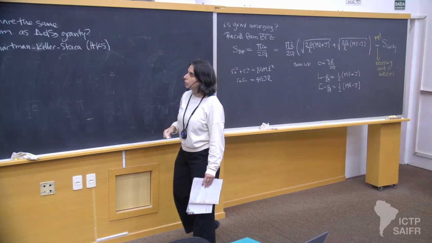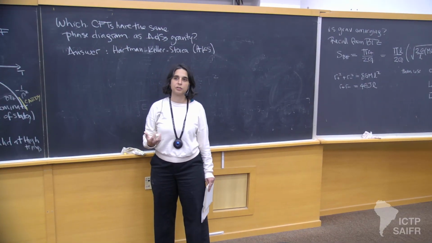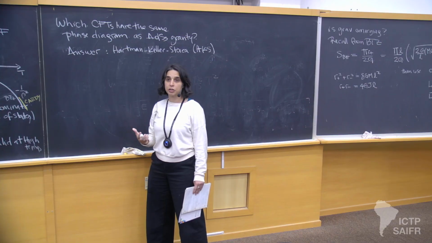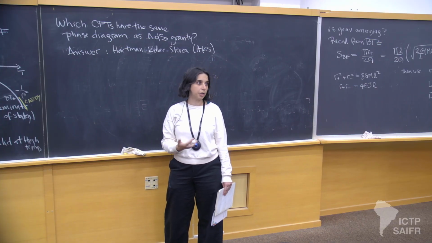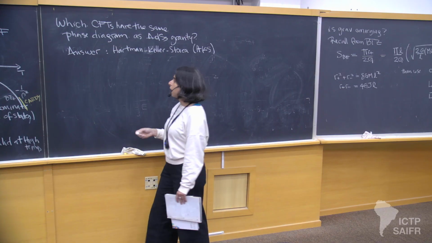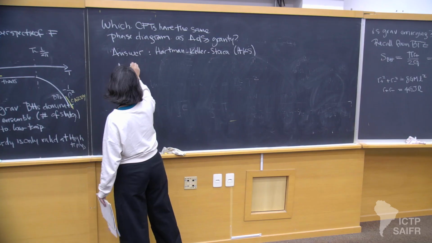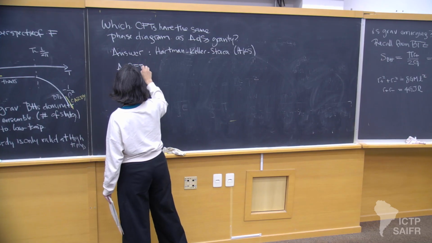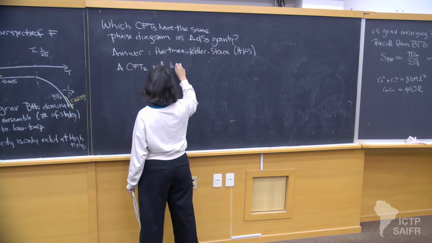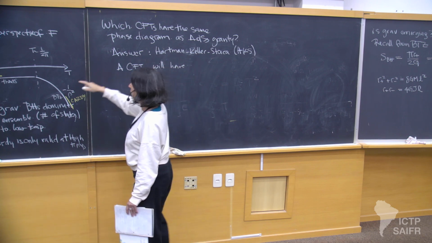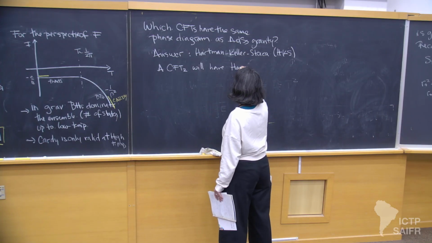They gave criteria on what classes of CFTs, a necessary condition, such that the CFT would have this phase diagram, okay? This phase diagram is basically the phase diagram for a Hawking-Page transition.